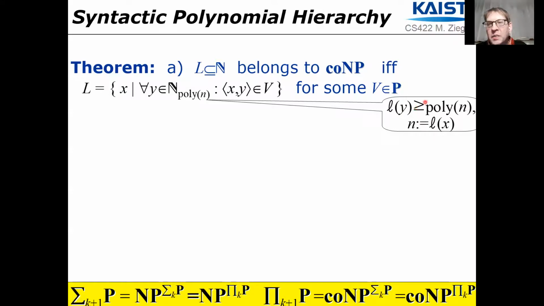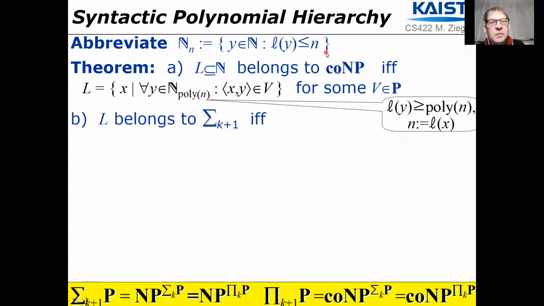Let me please correct that inequality. It's going in the wrong direction. I'll correct that later. So yes, here's the abbreviation. And now by moving on by induction, that means on relativizing that statement, a decision problem belongs to the k plus first level.